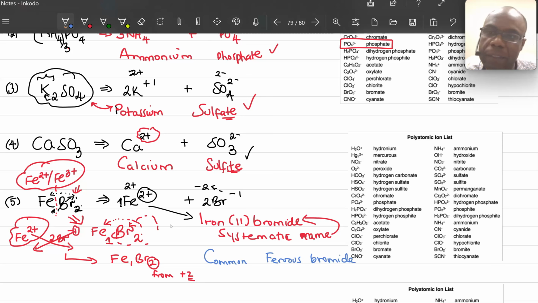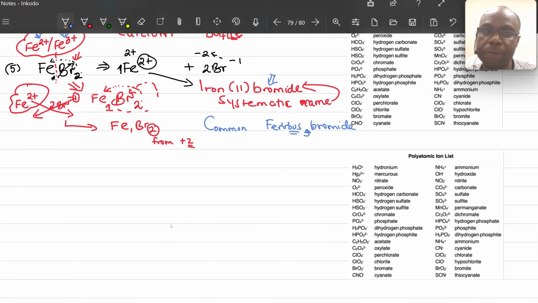If it was +3, we'll call it ferric bromide, but because it has the lesser charge, it's ferrous bromide. Here you don't specify the Roman numerals, so the systematic name is what we mostly ask for. So this is iron 2 bromide.